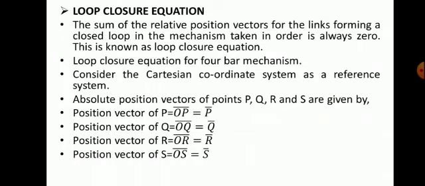Hence, the successive joints of the links always remain at a fixed distance from each other. Therefore, even if the loop changes its position, the magnitude of the relative position vectors does not change with respect to time. Now, let us see some of the cases. Let us describe the various mechanisms used in the engineering field and the corresponding loop closure equations.